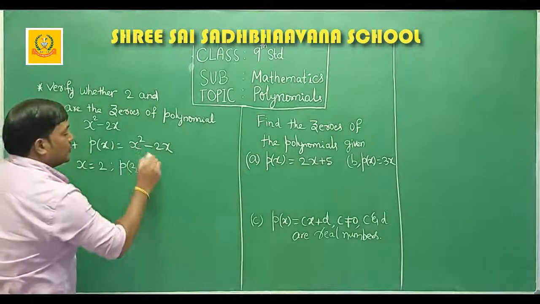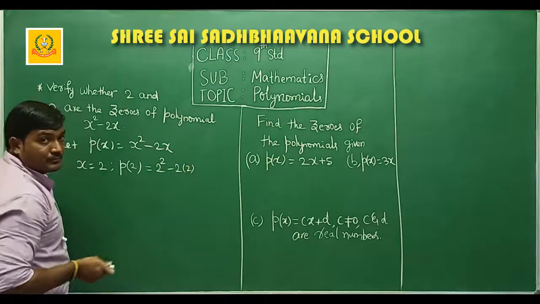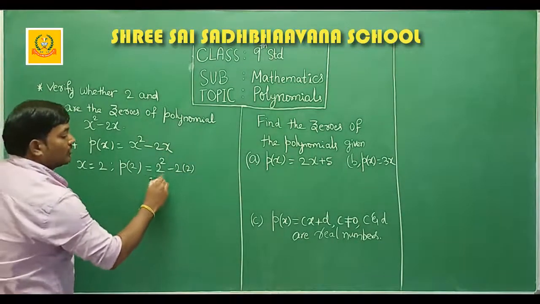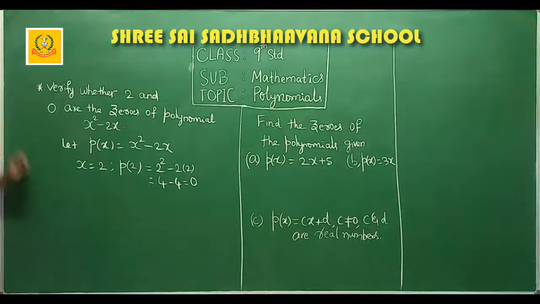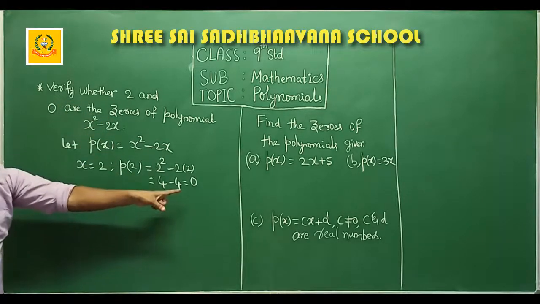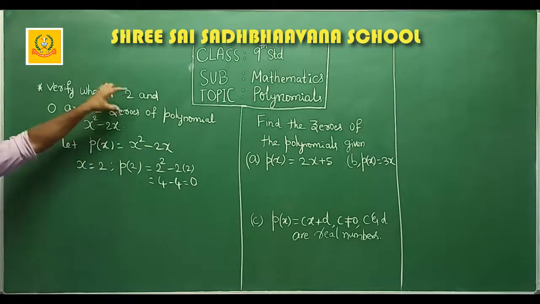So what happens? 2 square minus 2 into 2. 2 square is 4, 2 into 2 is also 4, 4 minus 4 is 0. So when you substitute x value as 2 in this polynomial, we are getting 0. Then x is equal to 2 is considered a zero of this polynomial.